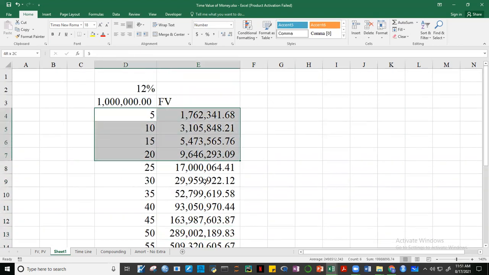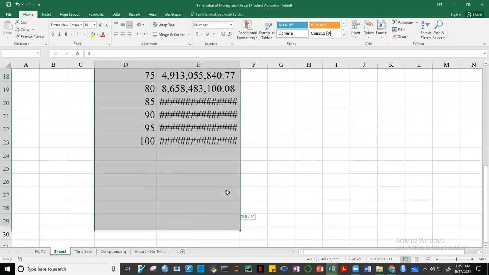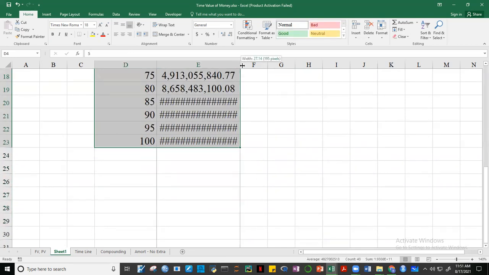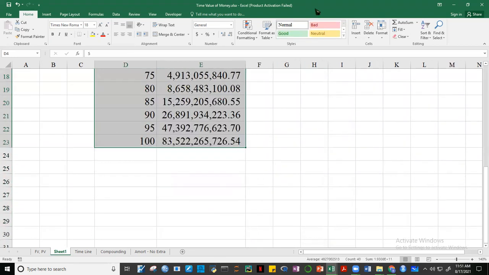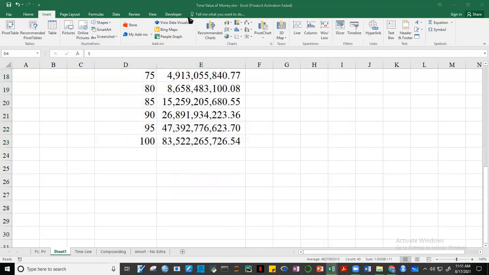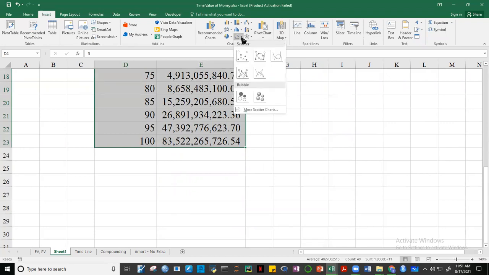And if I i-plot natin to, okay. So insert. So let's use the scatter plot. Insert, and then let's use this.